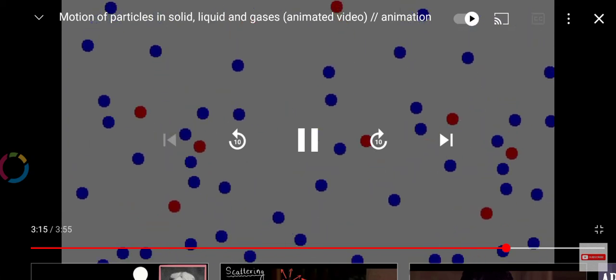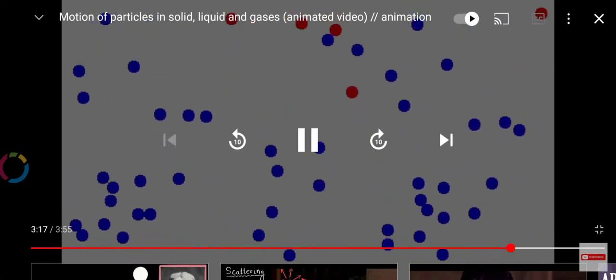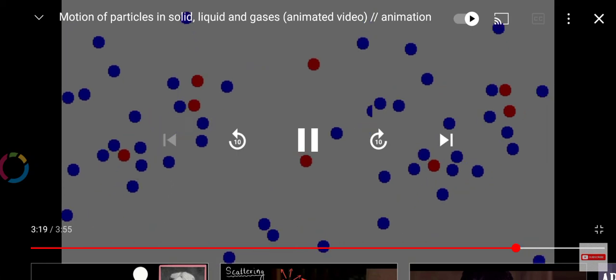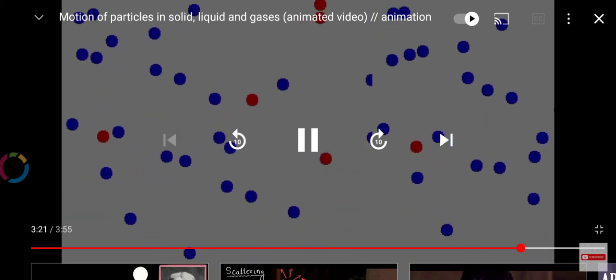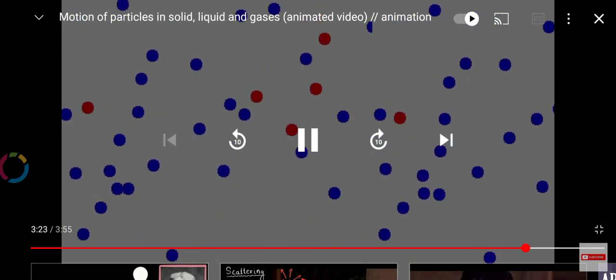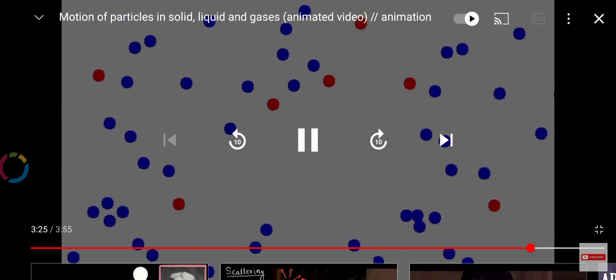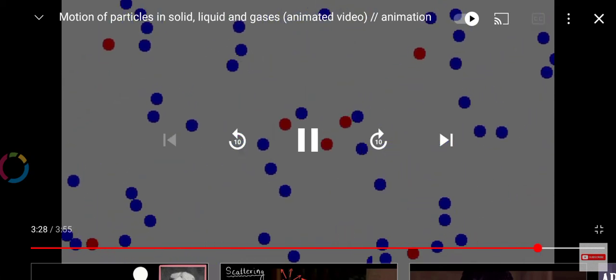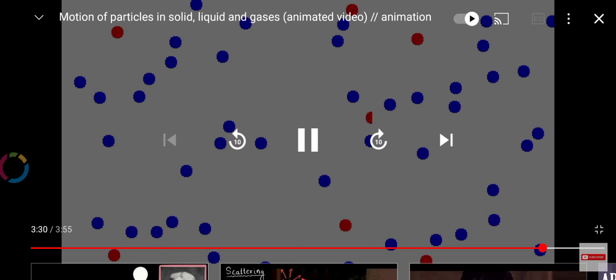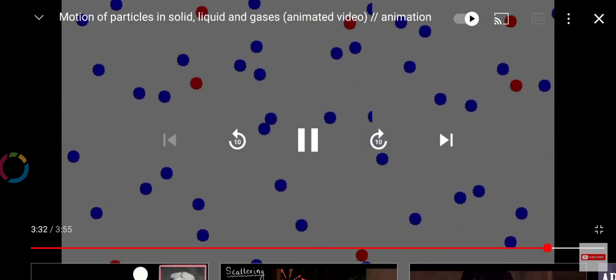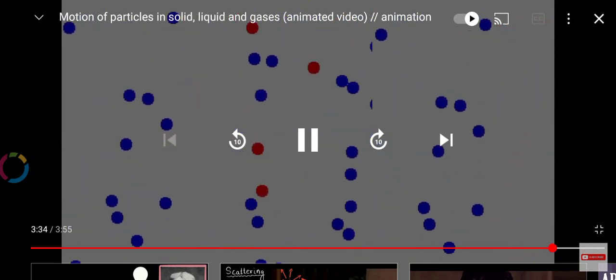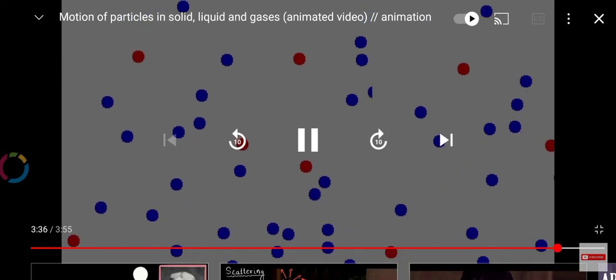That's why they move faster as compared to liquid and solid. The motion of the gaseous particles is random in nature. They move randomly from one place to another place. That is all about the motion of particles in gaseous state.